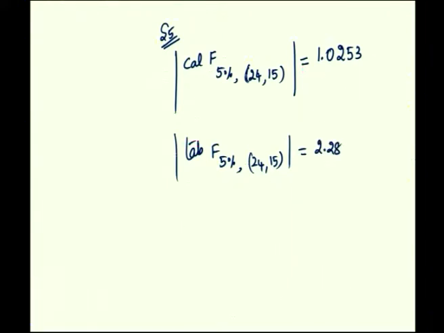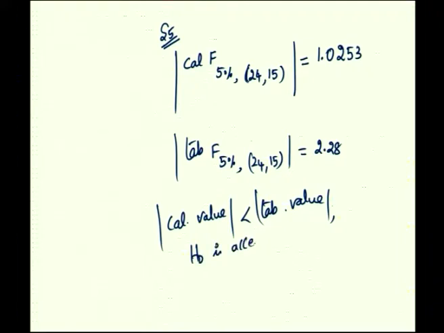Now, comparing the calculated value and tabulated value, 1.0253 is less than 2.28, therefore H naught is accepted. So, we write calculated value modulus is less than tabulated value, therefore H naught is accepted, which means the two population variances, that is variance of first population and variance of second population, are equal.